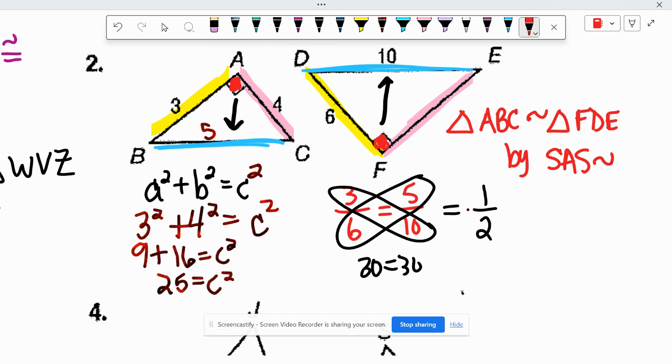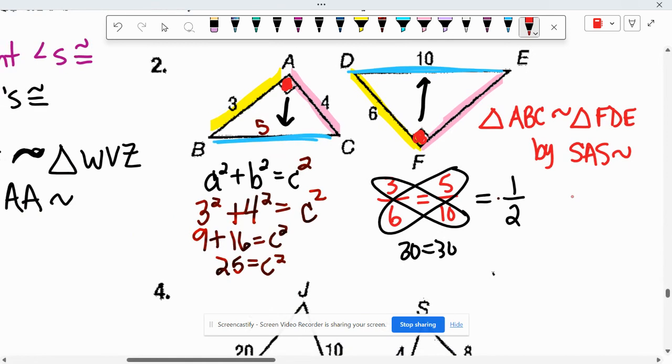You have to show that the sides are proportional. You have to show that they're proportional. So for that one, we had to use the Pythagorean theorem, right?